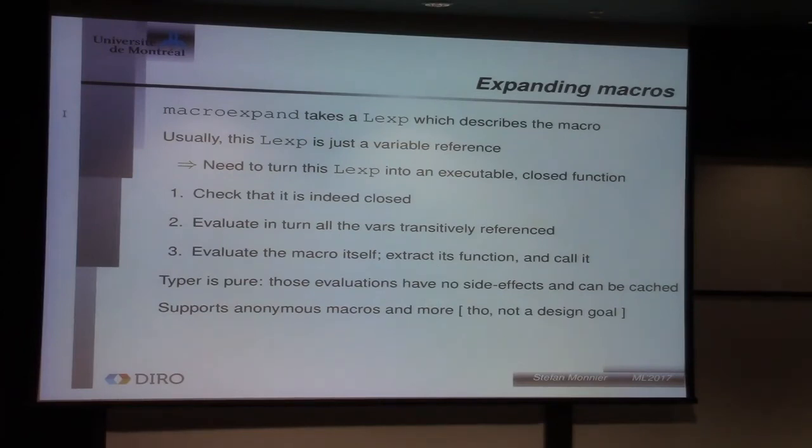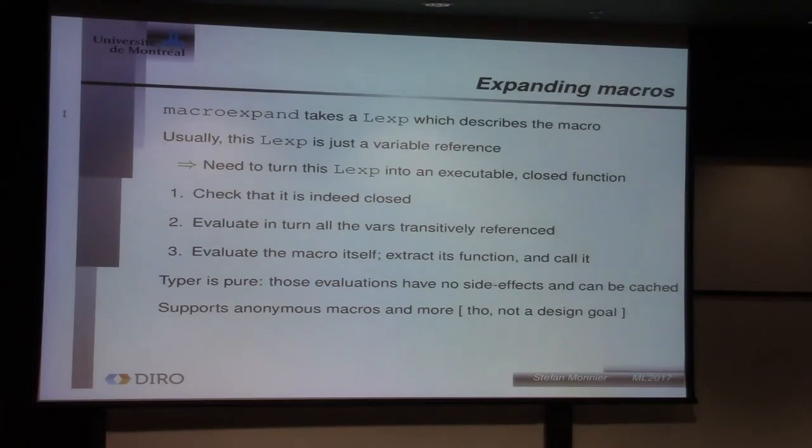I'm an Emacs Lisp hacker after all. So the thing that saves me though is that I build on people with principles who like to do things right, and so Typer is pure, which means that I can evaluate those definitions very freely, and they don't have any side effects, and the results can be cached. So I don't need to recompute them, and I don't need to be afraid of what might happen when I do evaluate them.